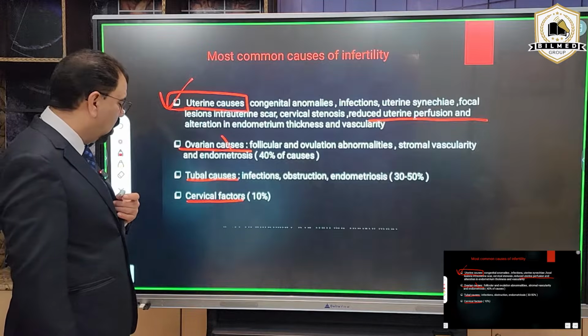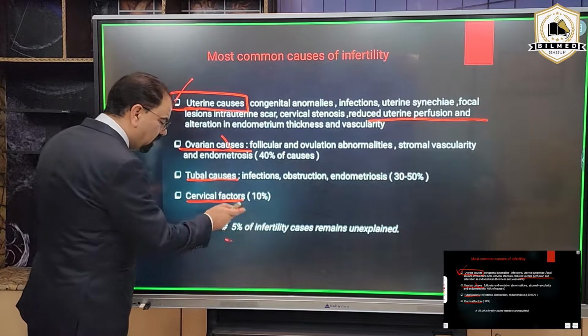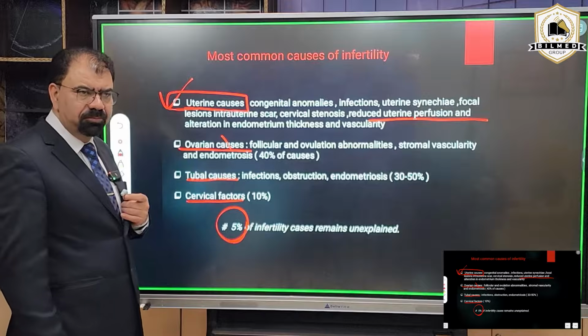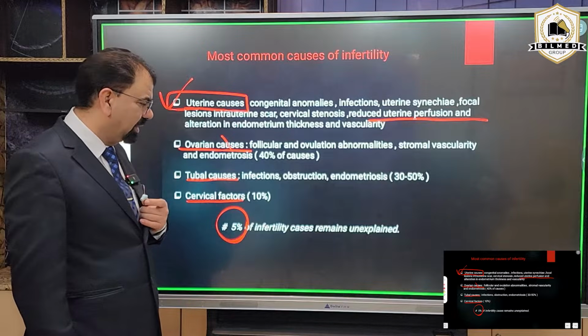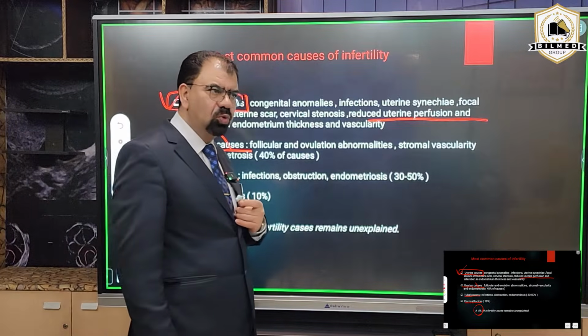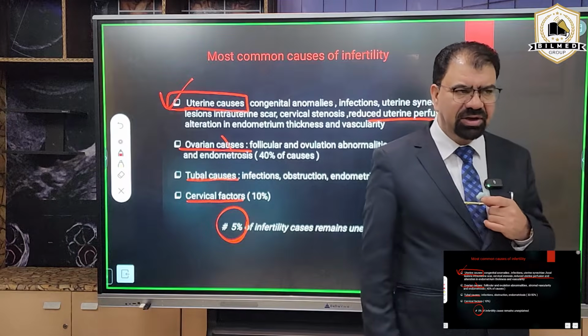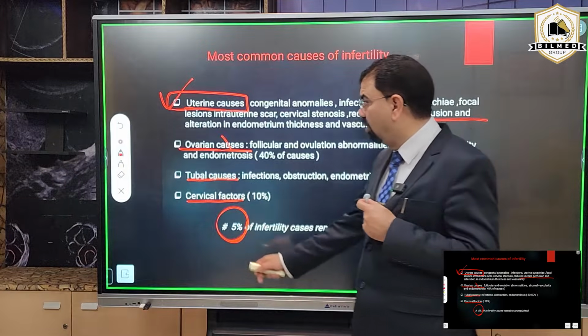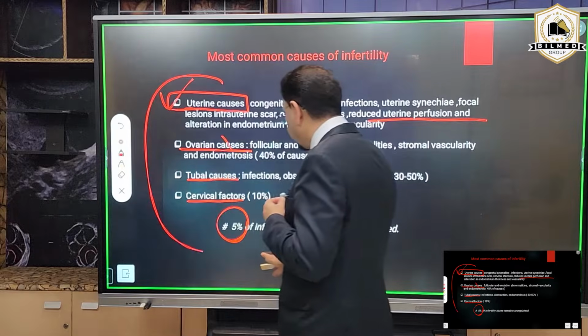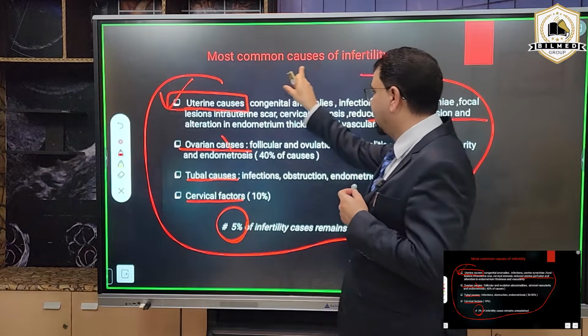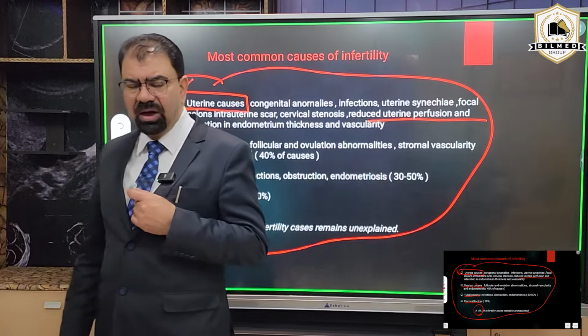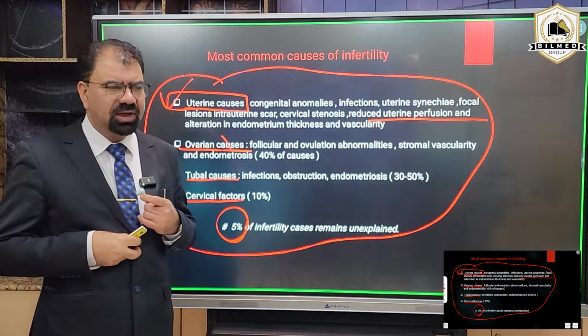Now, only about 5% of the total infertile cases remain unexplained, and in about 90 to 95% of infertile patients you will see some abnormality, any of these abnormalities, which can be the cause of the infertility.